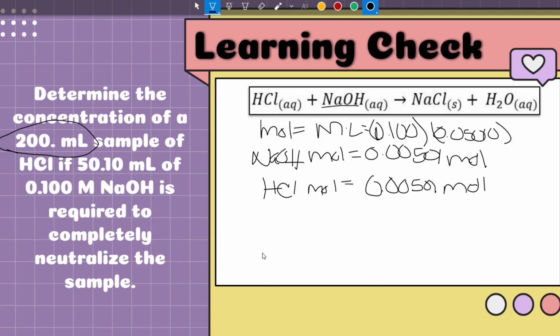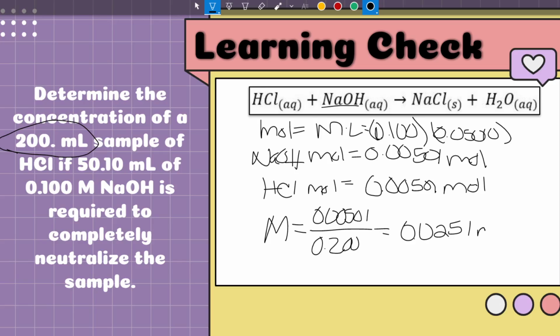So now, to determine our concentration, we have our moles divided by our liters. And we're going to round to 3 sig figs, because that's how many we started with at the least. And so that's 0.0251 molarity for HCl.